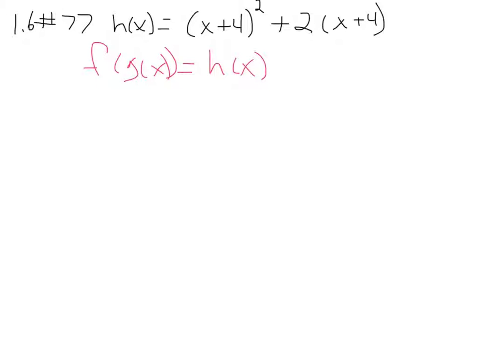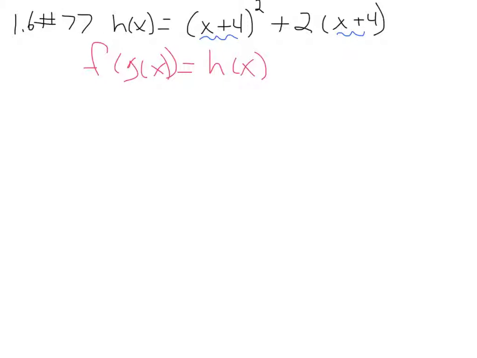Now, another way of thinking about it is what is happening inside of other things, right? Because we want our g to be a thing that is happening inside of stuff. Now, for this one, probably the most straightforward thing to notice is that there's an x plus 4 happening inside of our parentheses. And it's nice and consistent.